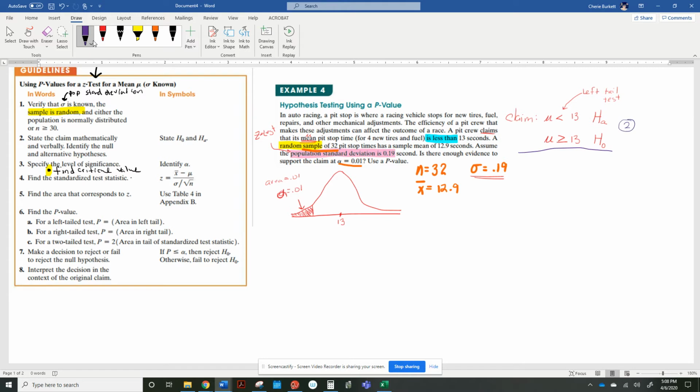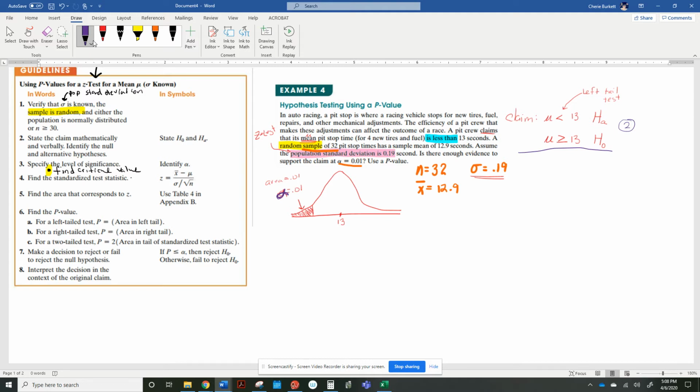Now, step number 3 says specify the level of significance, okay? So, is there enough evidence to support the claim at alpha equals 0.01? This is where we come up with the level of significance. Remember I told you that alpha is the area, and they're telling us right here that the area is 0.01.